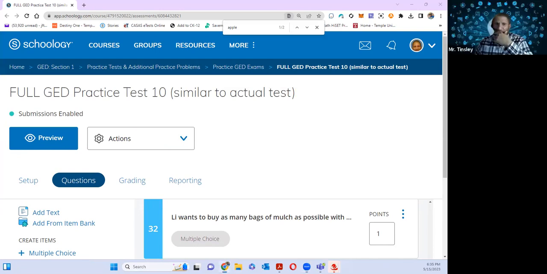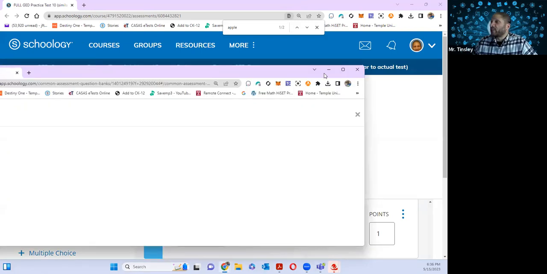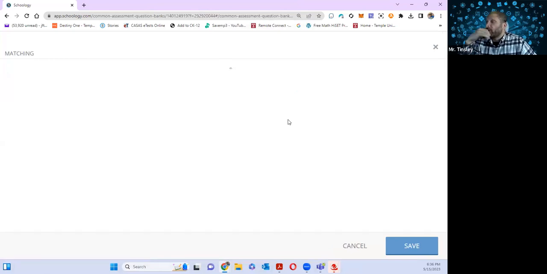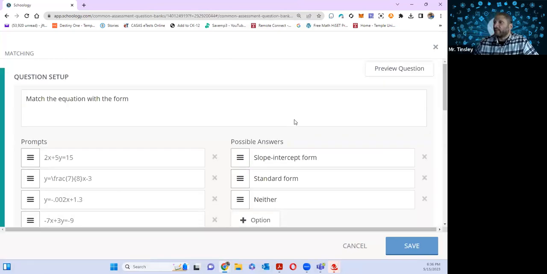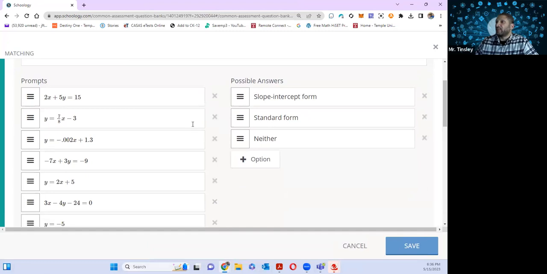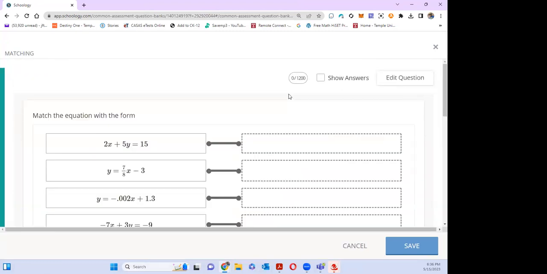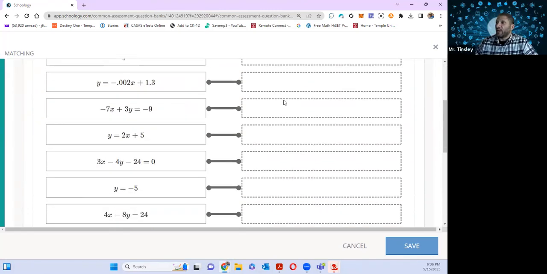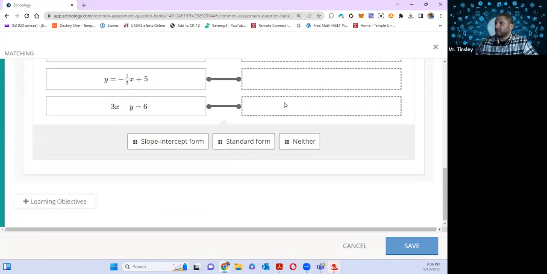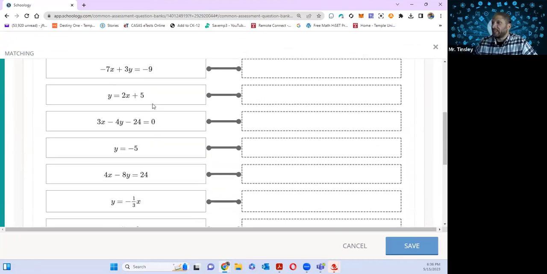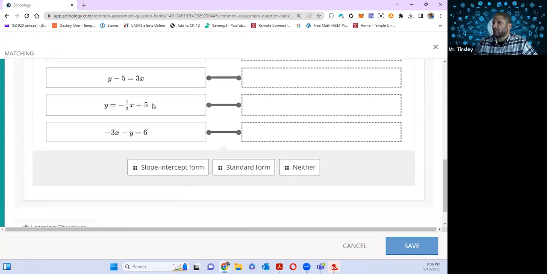Okay. I'm gonna do something real quick. This is a quiz I just made up, or questions I just made up. I haven't added this to a quiz yet. What I want to know is what type of equation is each?